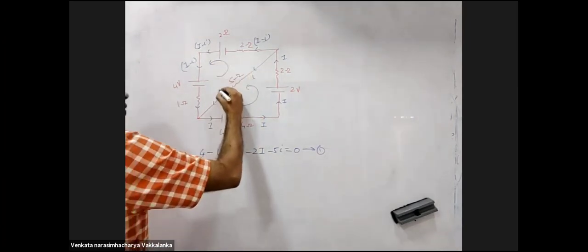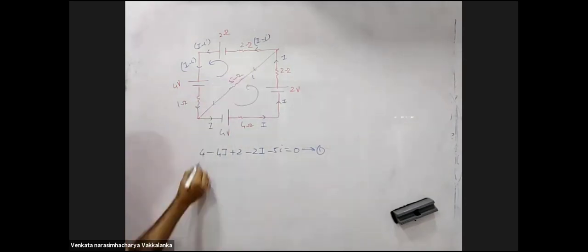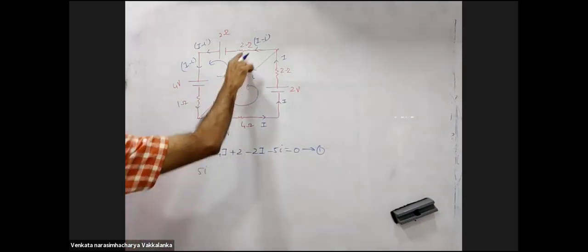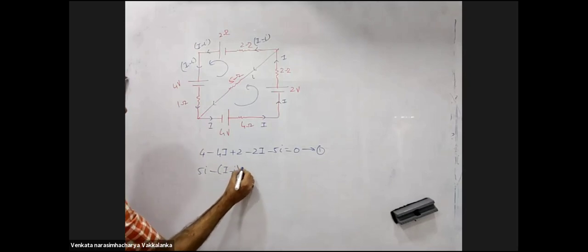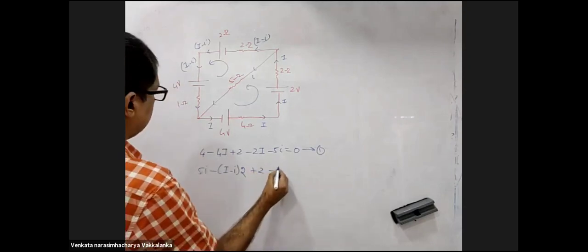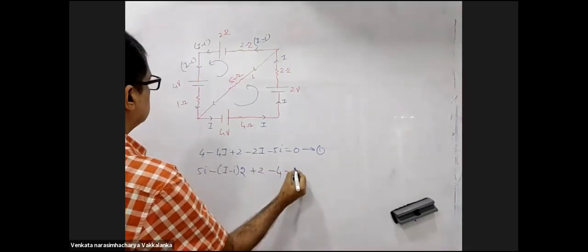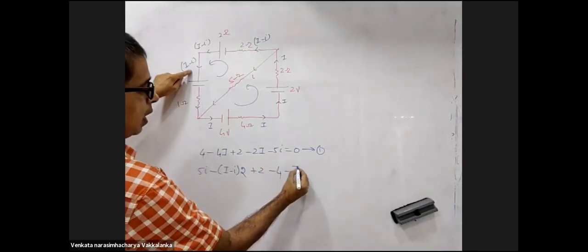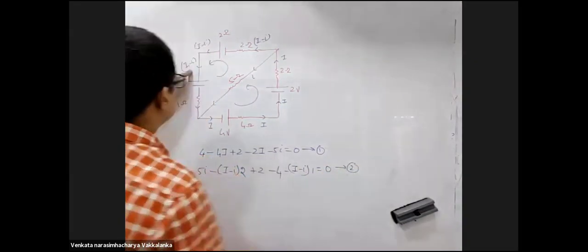Second equation, you are going opposite to the direction of current here. 5 small i, in the direction of current, minus of I minus i into 2. Negative terminal first, plus 2. Positive terminal minus 4. Minus I minus i into 1 is 0.